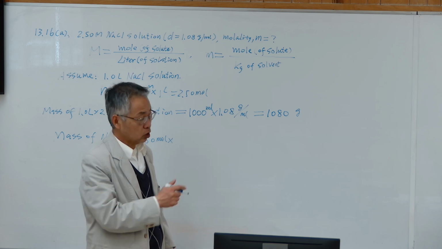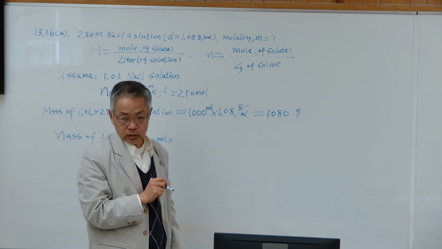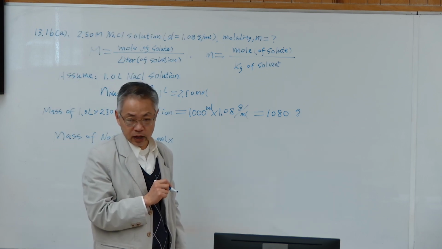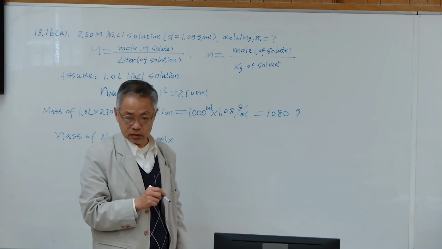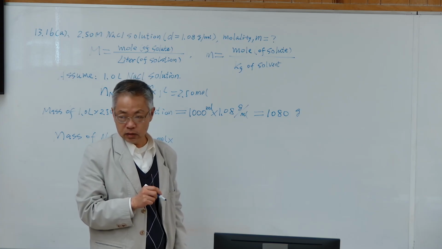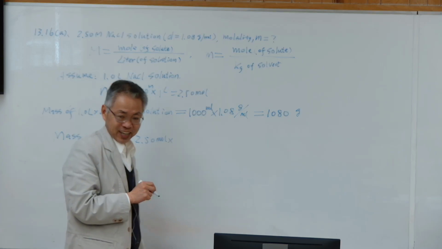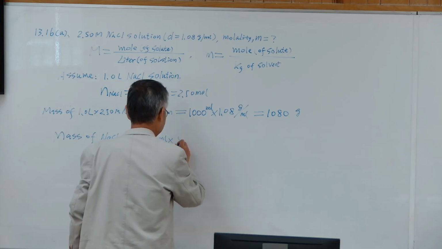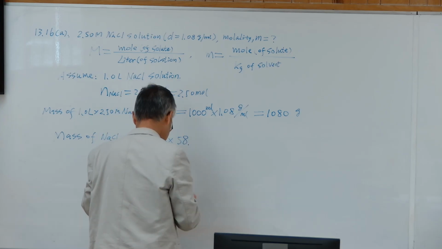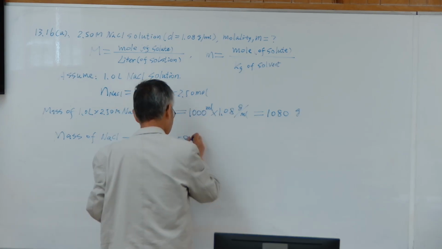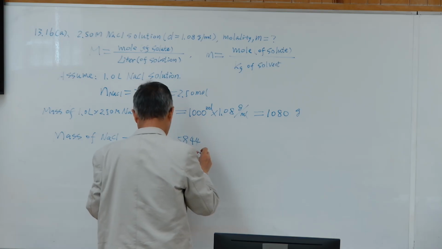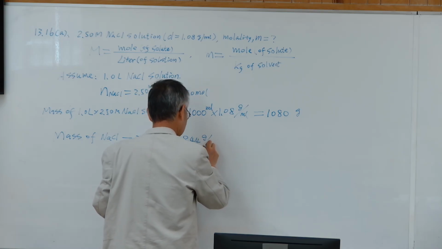Sodium 22.99, chlorine 35.45, together will be 58.44 gram per mole.